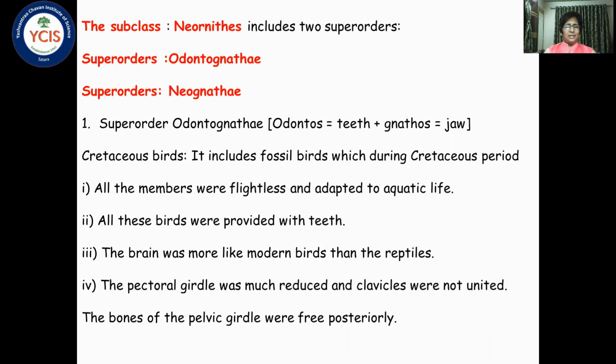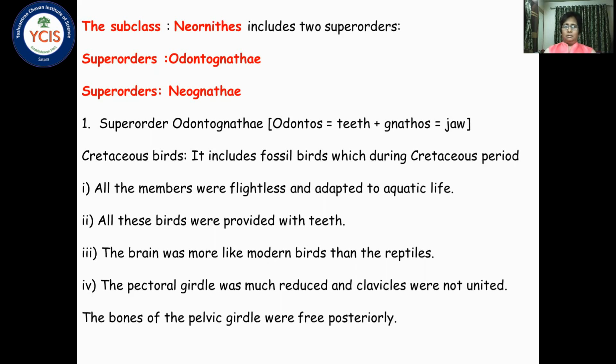So the characteristics of the birds included in this superorder Odontognathae: all the birds present in this superorder were flightless and adapted for aquatic life. All these birds were provided with teeth.